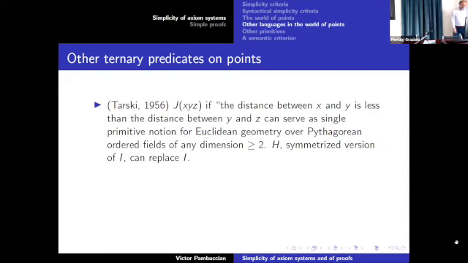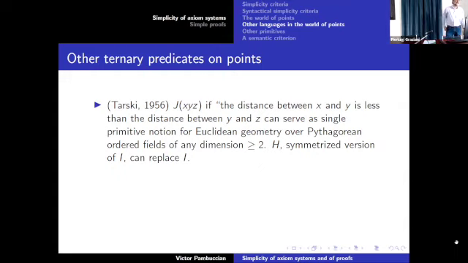Now, Pieri's relation hasn't been the only one. In 1956, there was a series of papers in Indagationes Mathematicae about other ternary operations. Well, one is in a paper by Tarski, this J operation, which is another ternary relation, which says the distance between x and y is less than the distance between y and z.